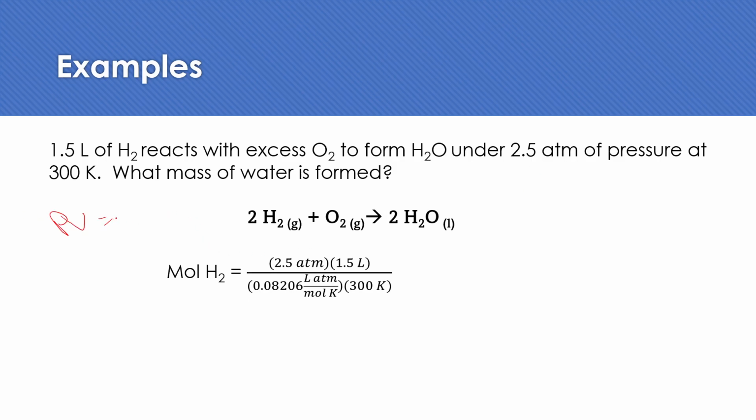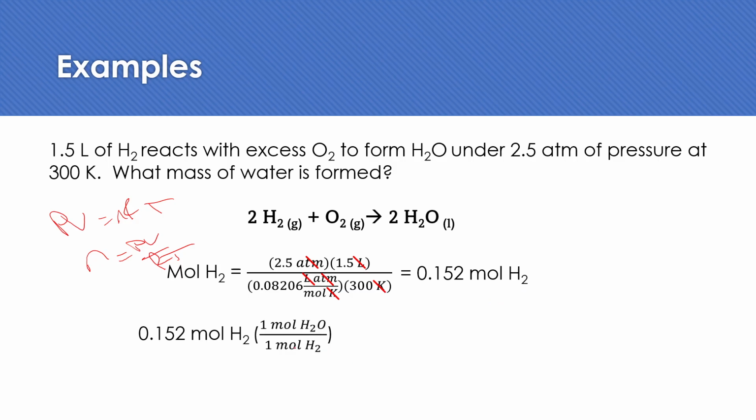So moles of hydrogen is going to be equal to pressure times volume over R times temperature, which will give me 0.0152 moles of hydrogen. Multiply that by the molar ratio, which is 2 to 2 or 1 to 1, and then by the molar mass of water, and you find you get 2.74 grams of water.